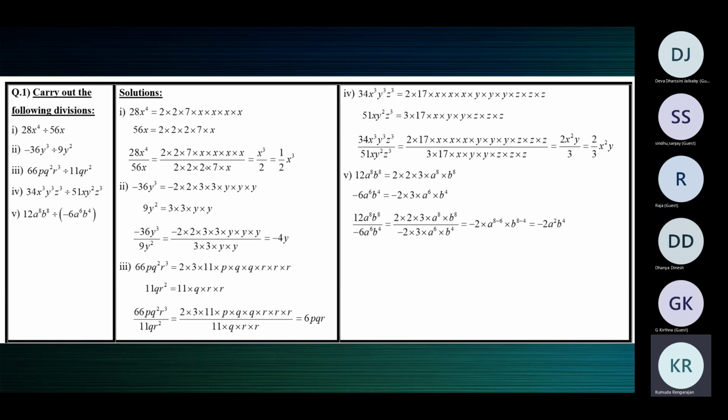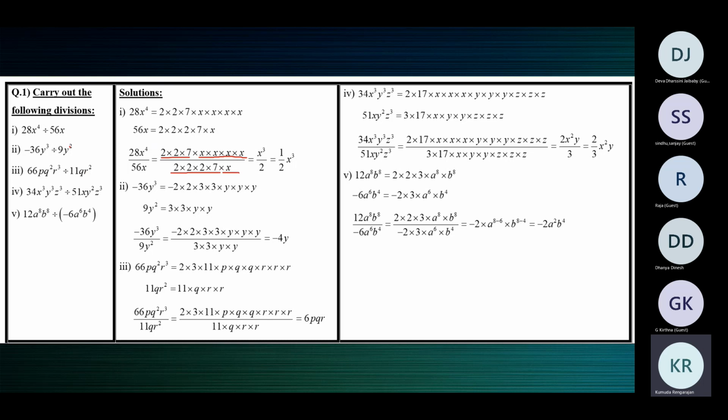So what you see here is basically factorization. How can you break down 28x to the power 4? 28 is 2 into 2 into 7. X to the power 4 means x multiplied with itself 4 times. 56 is 2 into 2 into 2 into 7, 8 sevens are 56, into x.